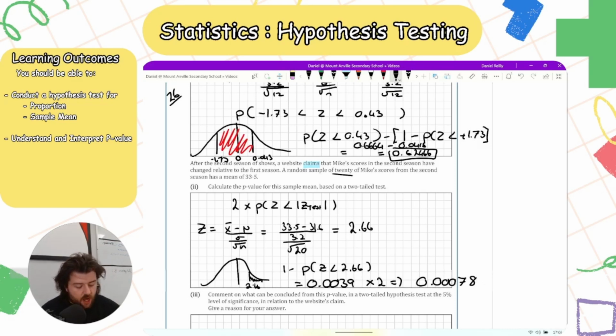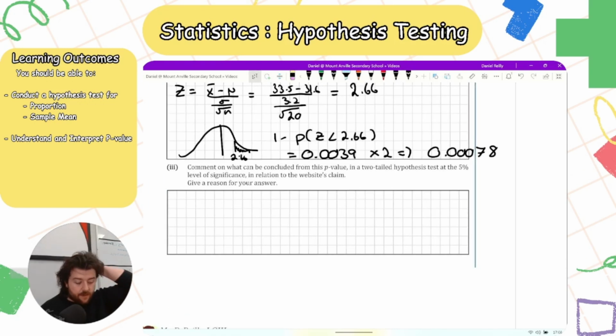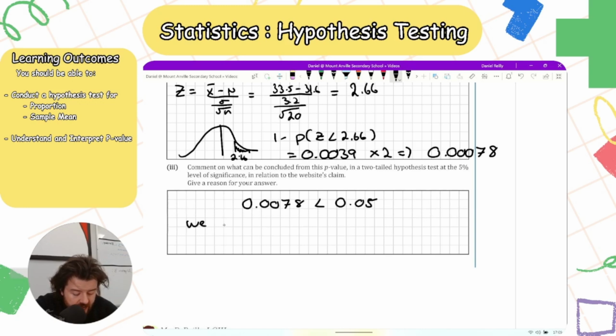So comment on what can be concluded from this p-value in a two-tailed hypothesis test at a 5% level of significance. So since 0.0078 is less than 0.05, we reject the null.